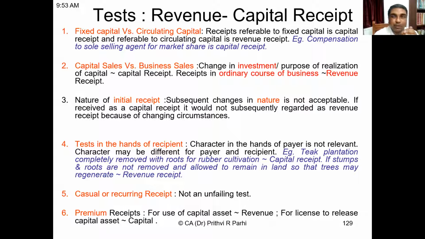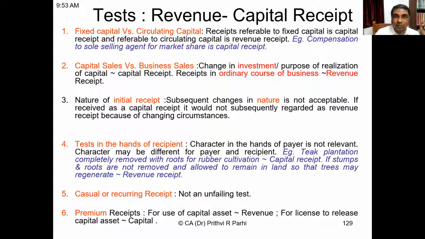For example, suppose I am doing a business and someone is giving a loan. That is a capital receipt, because the intention of that person is to make an investment and earn interest. That interest part is his revenue. And when I pay back my loan, that will be treated as his capital receipt. And when the loan is received by me, for me, this is again a capital receipt.